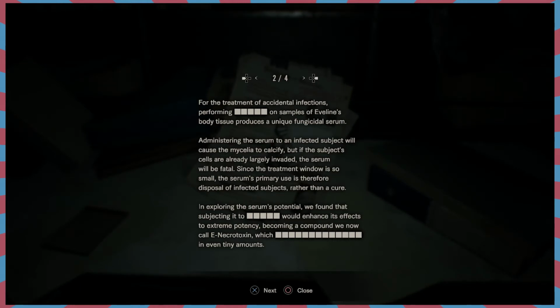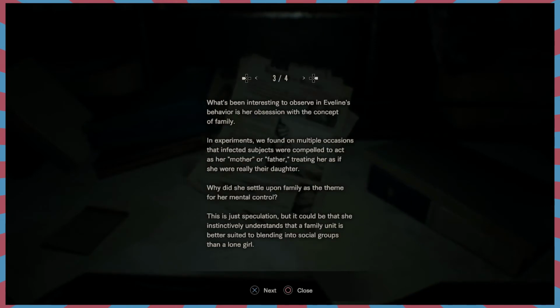So if you use it early enough, it could actually save someone. But otherwise, it'll kill them. Since the treatment window is so small, the serum's primary use is therefore disposal of infected subjects rather than a cure. In exploring the serum's potential, we found that subjecting it to further processing would enhance its effects to extreme potency, becoming a compound we now call E-necrotoxin, which in even tiny amounts is lethal.